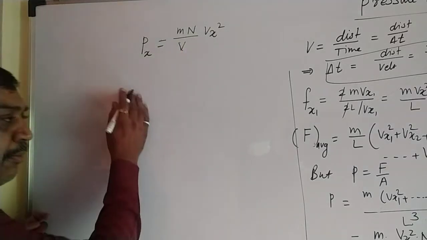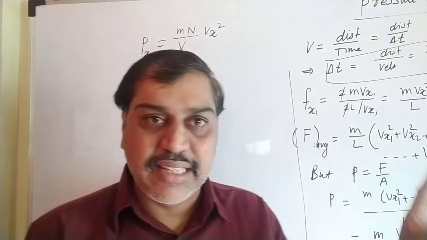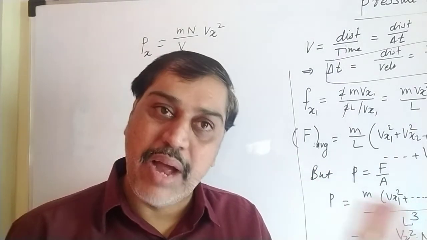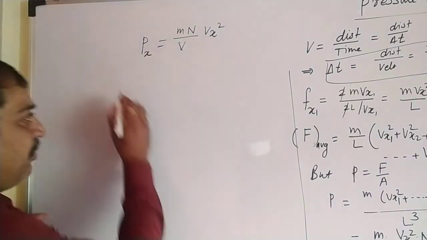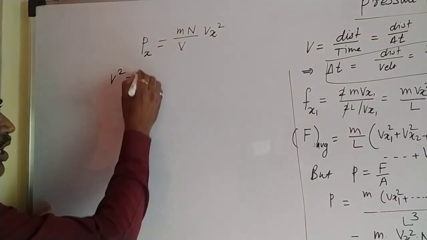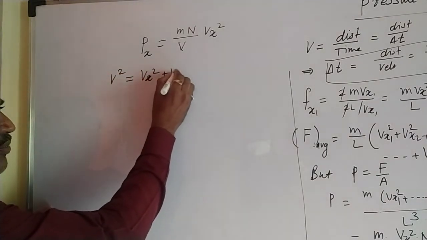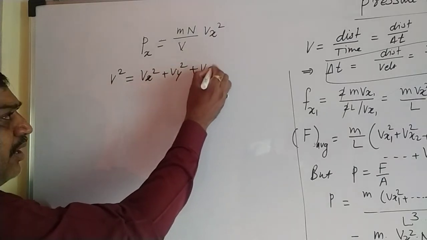But we know that the particles exert pressure along the x-axis, that must be the same along the y-axis, and along the z-axis. So we can write one equation as V square equal to Vx square plus Vy square plus Vz square.